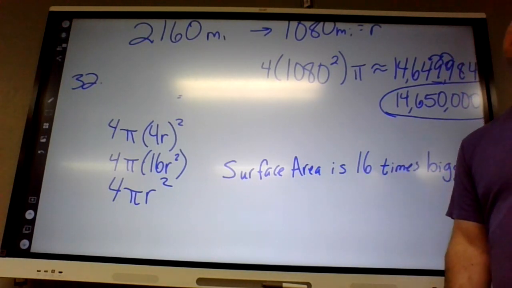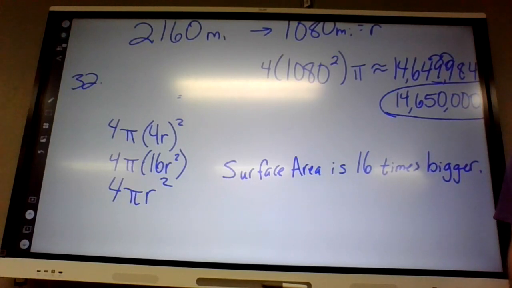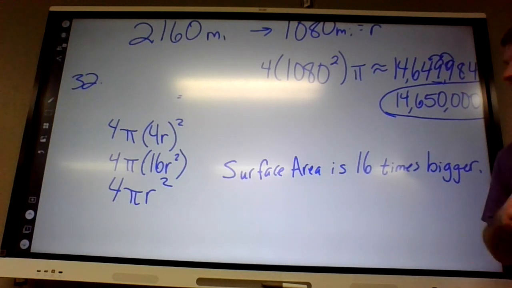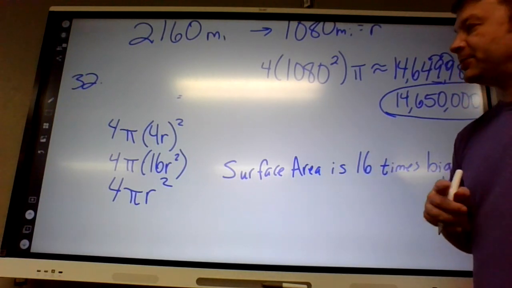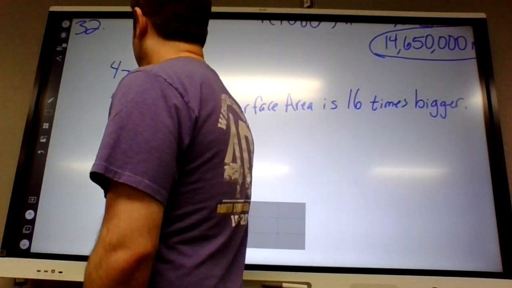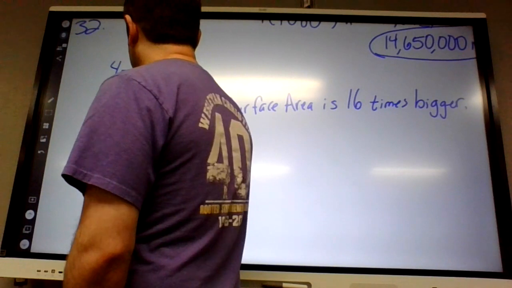So if the radius of the Earth was twice the radius of the moon, the surface area of the Earth would be 4 times the surface area of the moon.